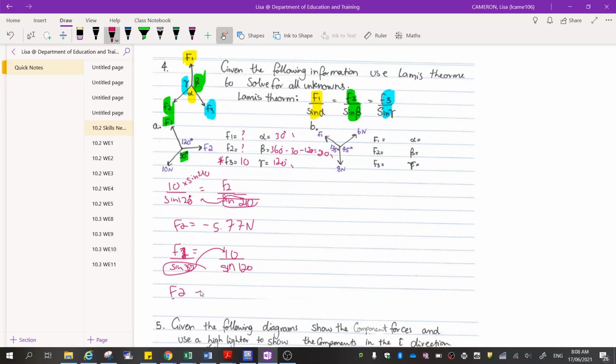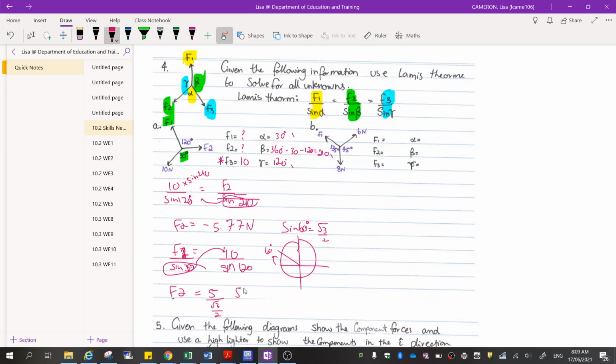So half of 10 is 5. Now sine of 120. 120 is over in this quadrant, and it makes an angle of 60 degrees with the x-axis. Sine is positive there, which means I can look for sine of 60 degrees. The sine of 60 degrees is root 3 on 2. So root 3 on 2.